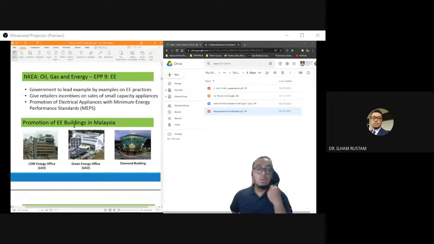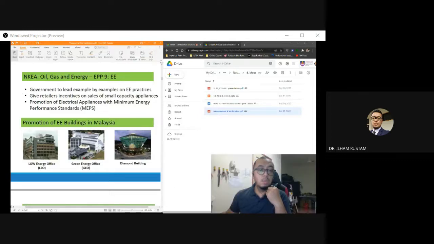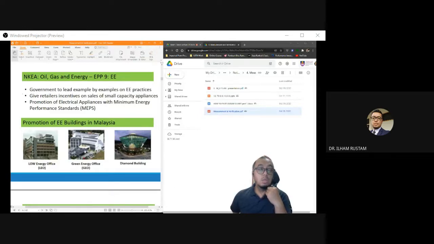Malaysia has also promoted the building of energy efficient buildings. For example, here is the low energy office, I'm not sure which building this is, but this one is in Bangi, for Suruhanjaya Green Technology, GEO. And the Diamond Building here is in Putrajaya.